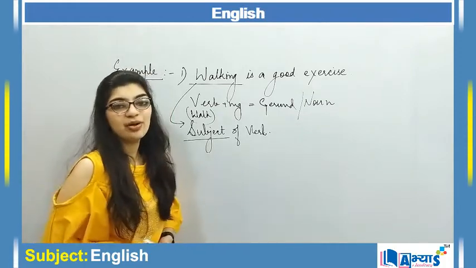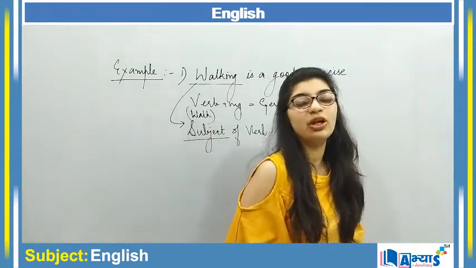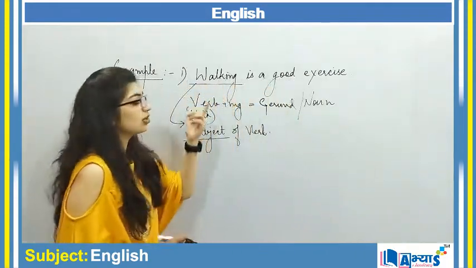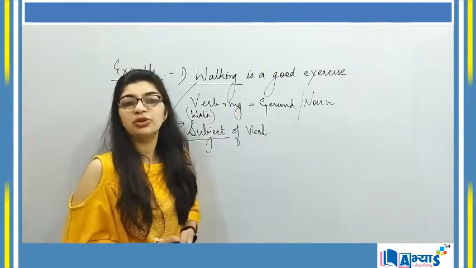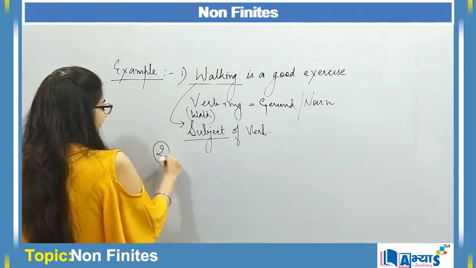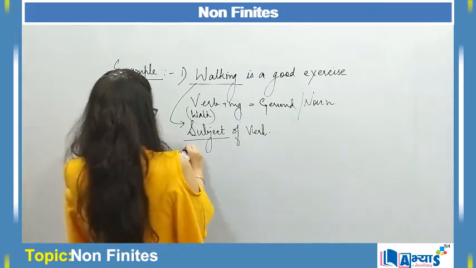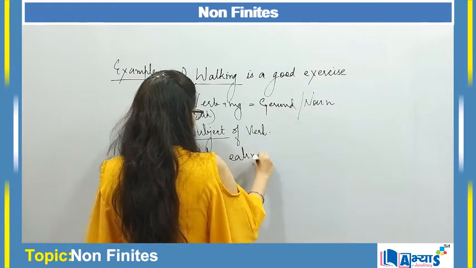Now when I want the gerund to be the object of the verb, it means that my sentence will not be beginning with the gerund. Instead it will be somewhere in between the sentence or at the end of the sentence. So we can consider that example as well, and I can say, I like eating chocolates.